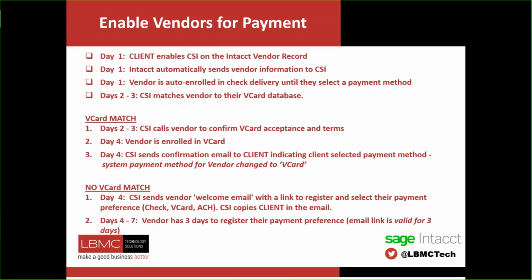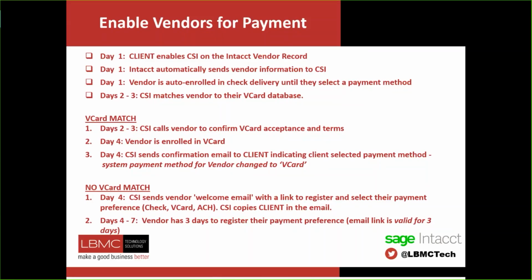And so the first section is if CSI finds them in their database, it's a V card match, meaning that vendor does take the V card, then CSI will call them to confirm their acceptance and terms, and then enroll them in your V card acceptance program.